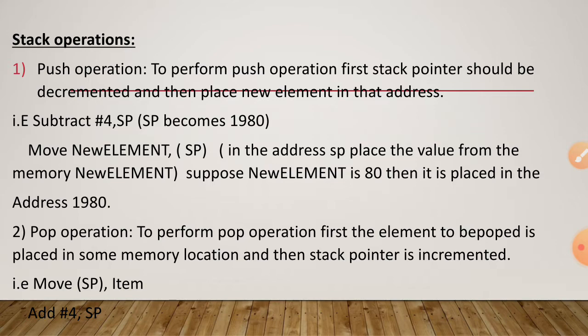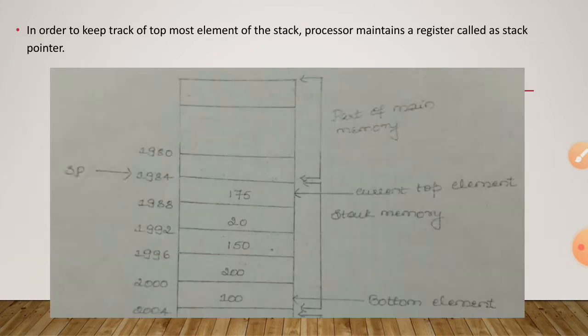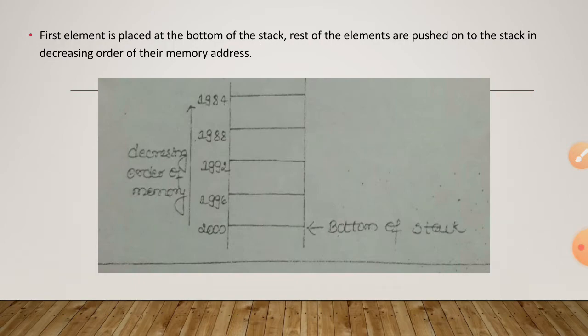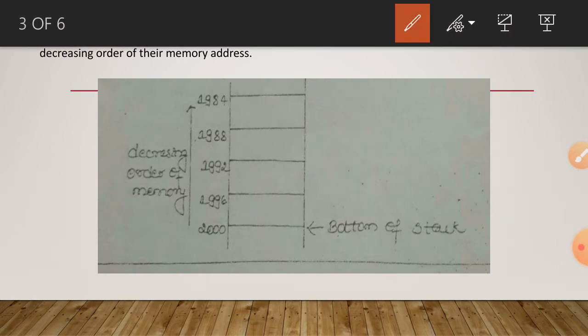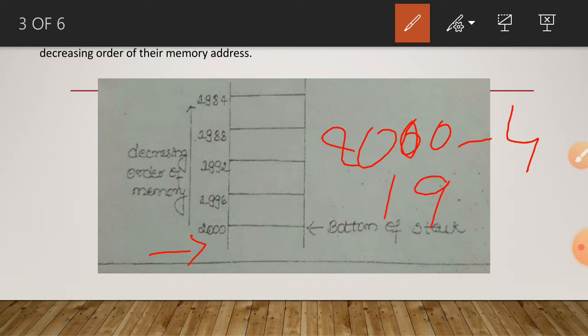It always has the address of the topmost element. Initially in this case the address is 2000. From 2000 we subtract 4, so 2000 minus 4 means 1996. In 1996 we insert the next element.